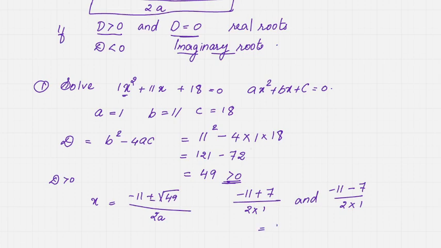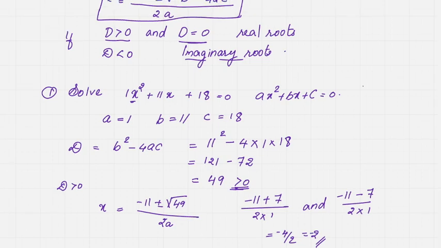So minus 11 plus 7 is minus 4, divided by 2, which is equal to minus 2. And minus 11 minus 7 is minus 18, divided by 2, which is equal to minus 9. So we got the answers as x is equal to minus 2 or x is equal to minus 9.